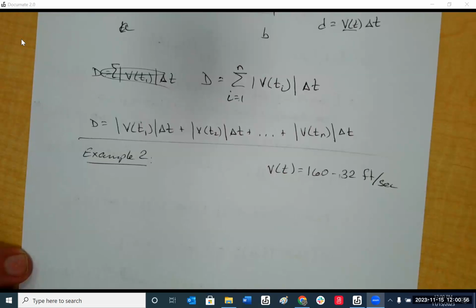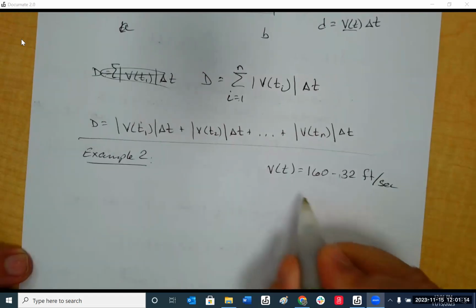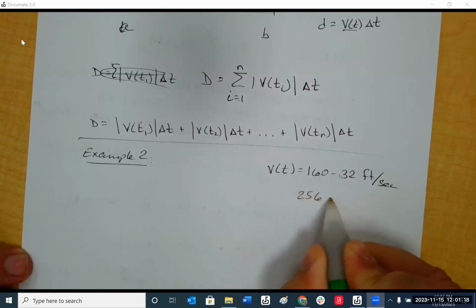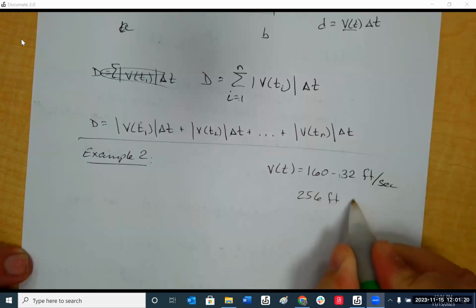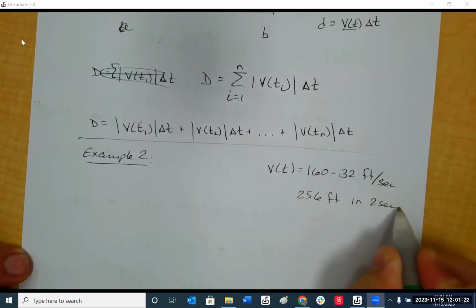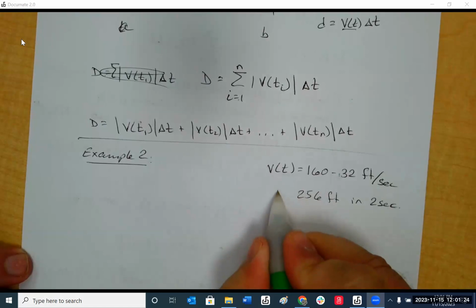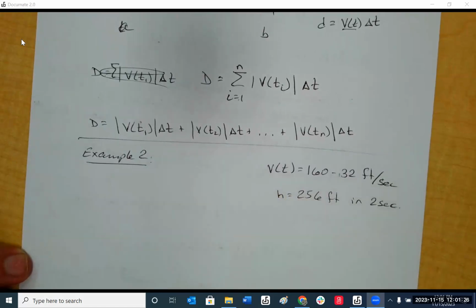Which is almost exactly the same as our previous example. 9.8 meters is 32 feet. So the rock was blown 256 feet above the ground 2 seconds after the explosion. 256 feet in 2 seconds. That's the height.